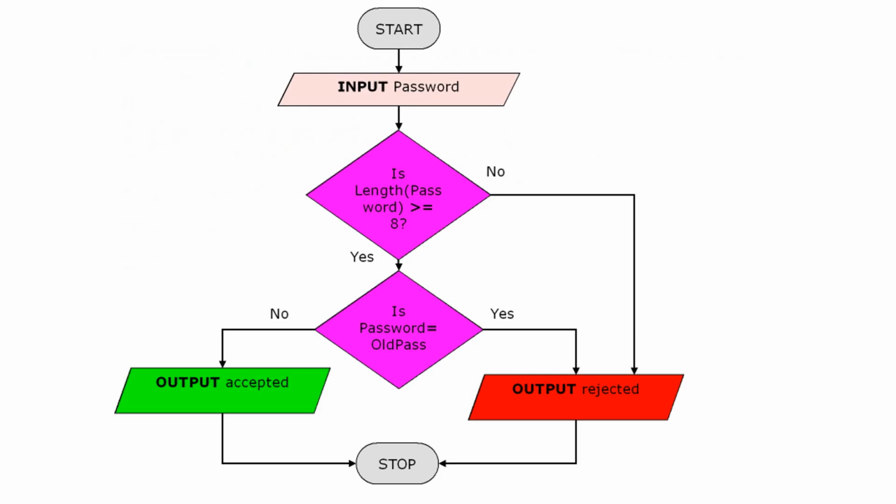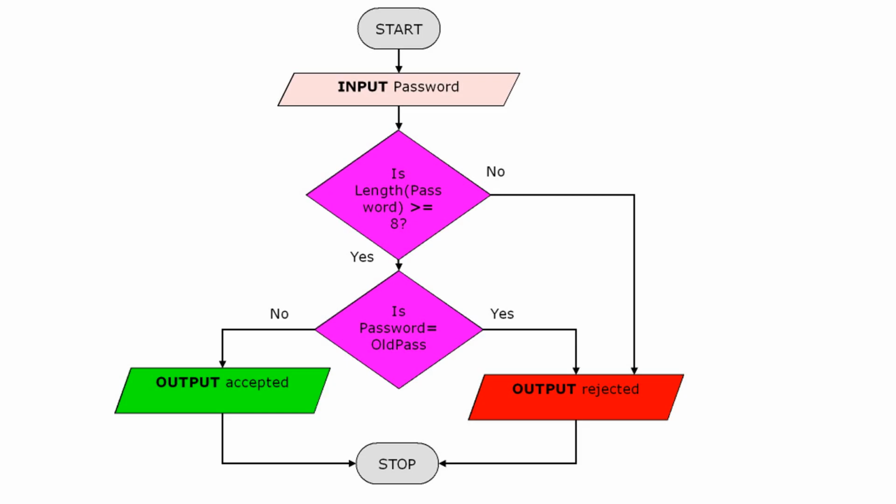I have written this program. Here, first of all you start with the start symbol, then input password. Here you will get a password as input, and that input will be stored in password. Then you will move to check. Next is a decision statement that checks whether the length of password is greater than or equal to 8.